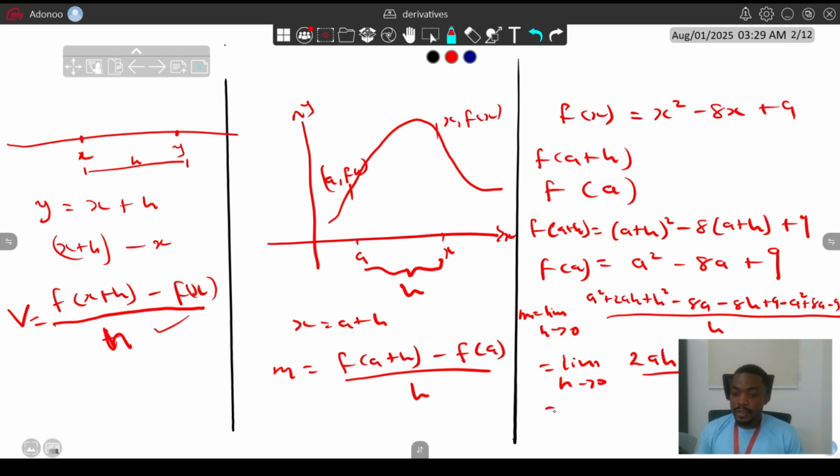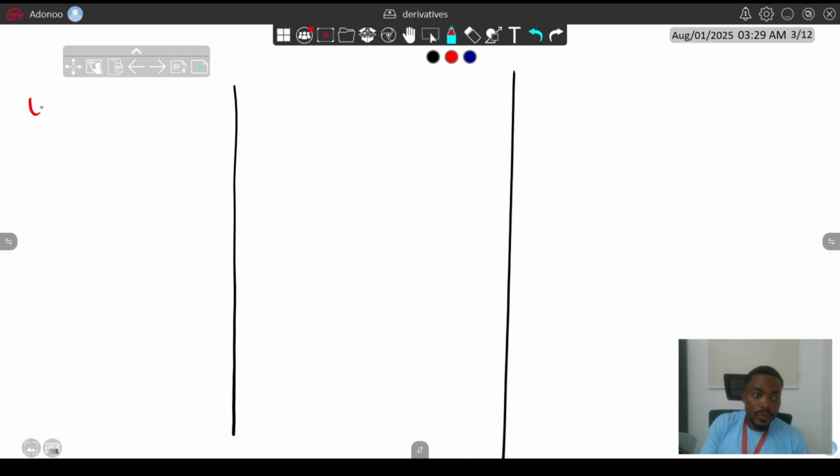We can bring out h, and then we have 2a plus h minus 8 all over h, with h going away. We then have the limit as h approaches 0 of 2a plus h minus 8, and the answer is 2a minus 8.